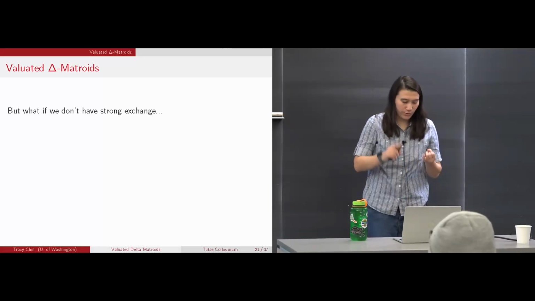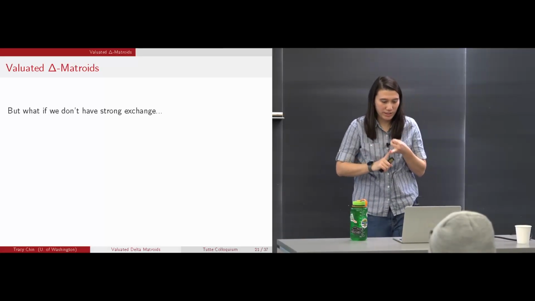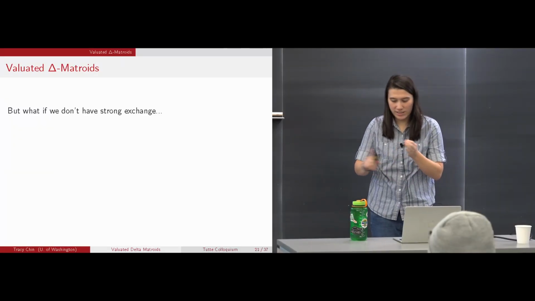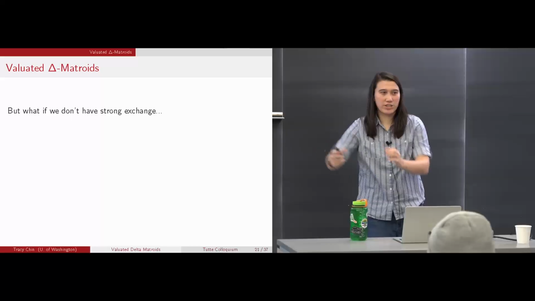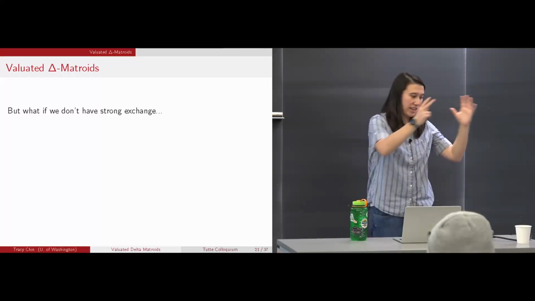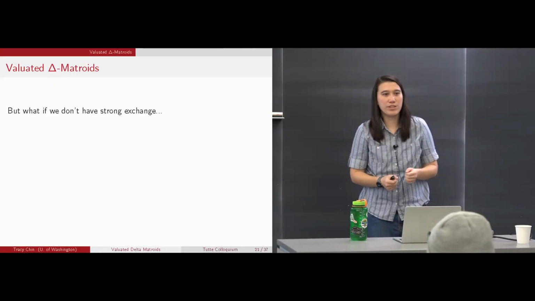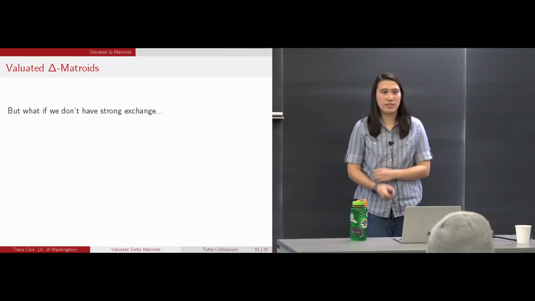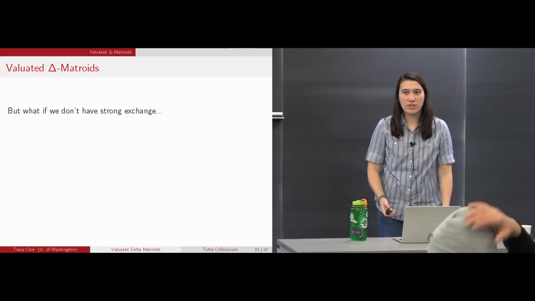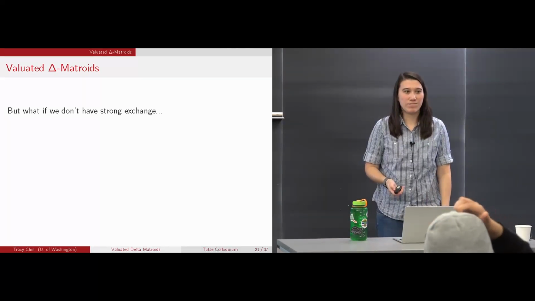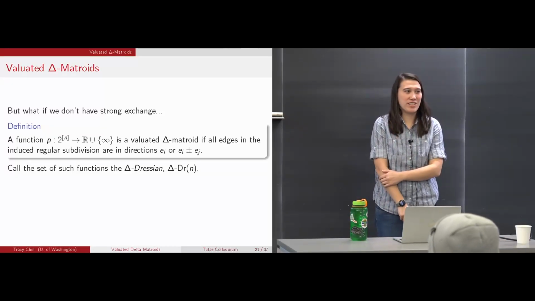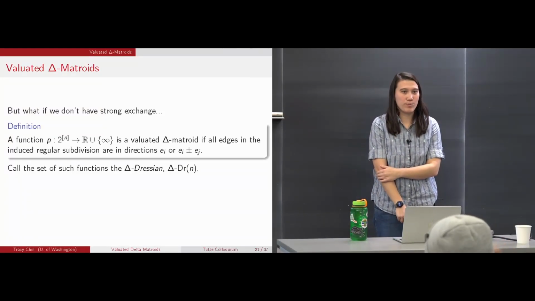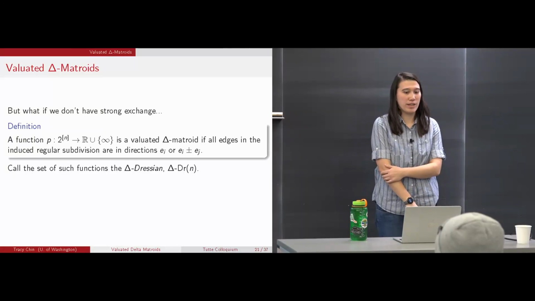Well, for valuated matroids and for valuated even delta matroids, I did this thing where I said, here's the valuated strong exchange condition, and also this is equivalent to the subdivision having matroid polytopes or even delta matroid polytopes. So what we're going to do is turn that on its head. We're going to say the definition is that the subdivision is into delta matroid polytopes, and then see what we can say about it from that.